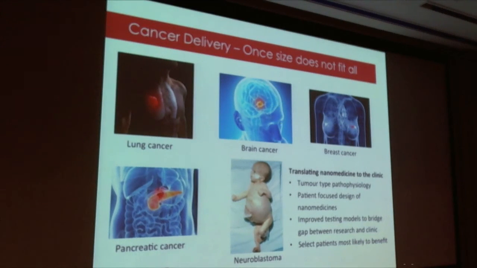And we also need improved testing models to bridge the gap, because we know there's a big dropout rate once these things get to clinical trials. If we have good systems in place for preclinical testing to minimise things that shouldn't be getting to the clinic, that would be great. And it could be that just some select patients are likely to benefit from these treatments, and you may not hit everyone.